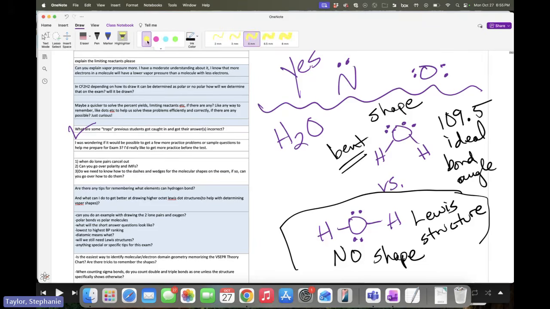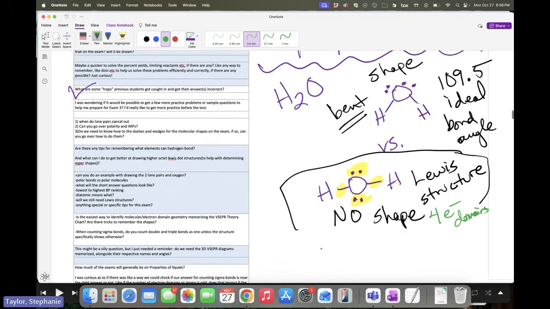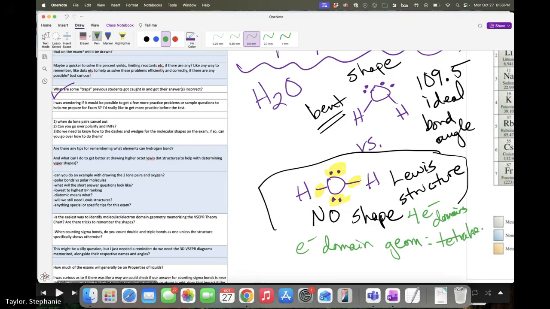It's a lovely Lewis structure, but you still need to be able to say that it's got 1, 2, 3, 4 electron domains. Since that has 4 electron domains, it has an electron domain geometry that is tetrahedral, and it has a molecular geometry that is bent.